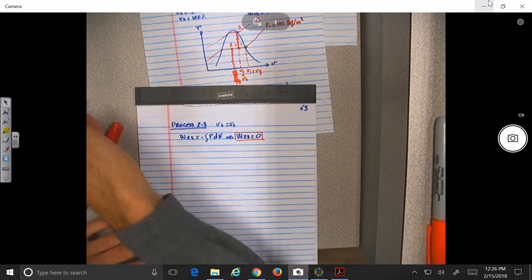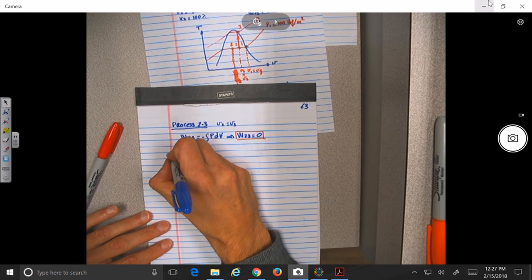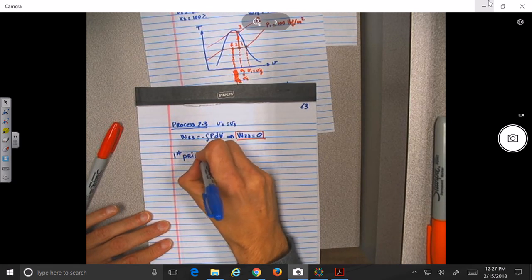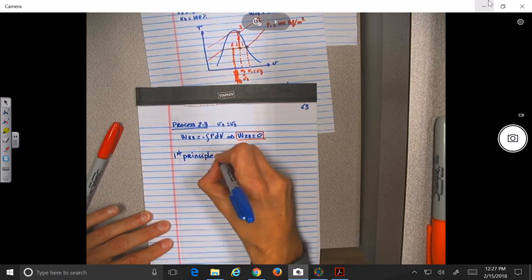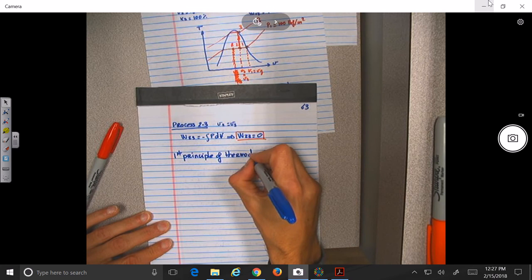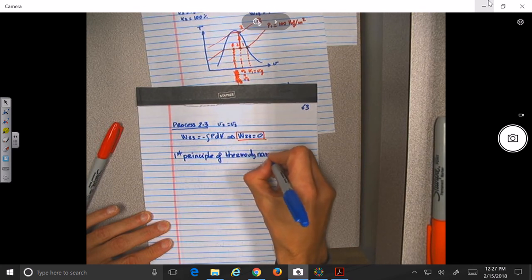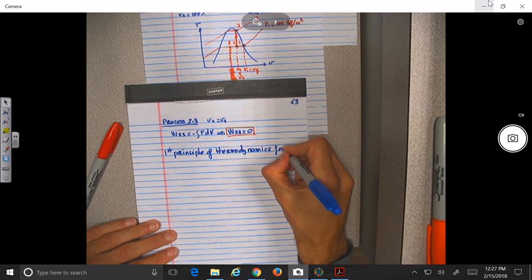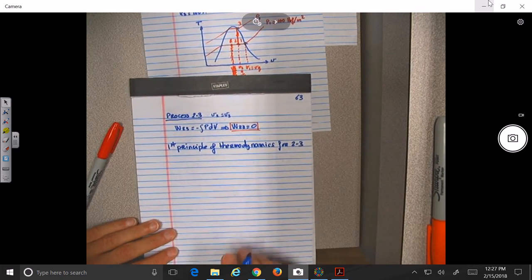Now, we apply first principle of thermodynamics for process 2-3.